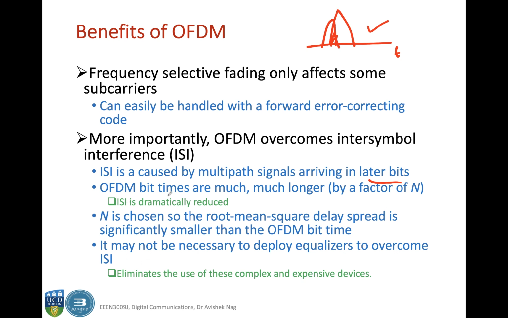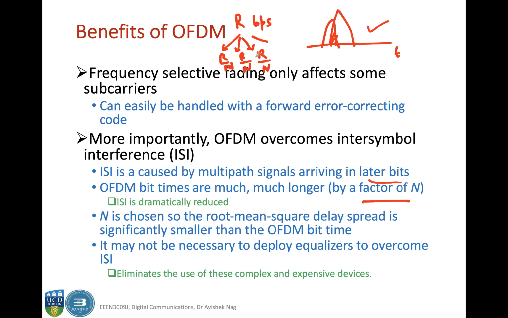And what happens is that OFDM bit times are much longer, by a factor of n. You have the original signal of r bits per second and you are dividing it into n tributaries of r over n, as you saw in one of the first few slides.